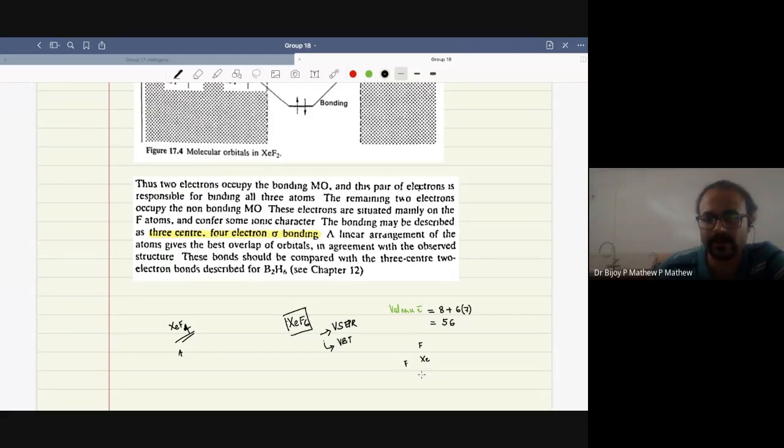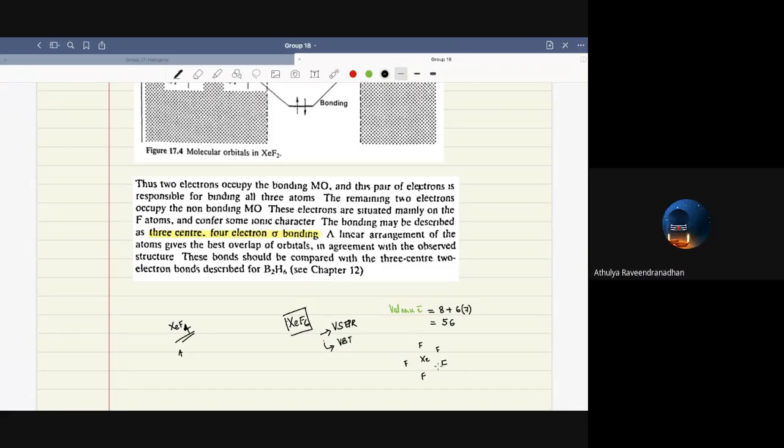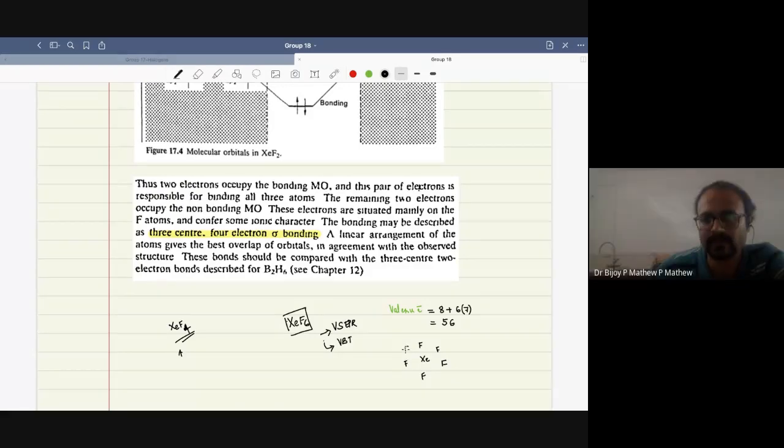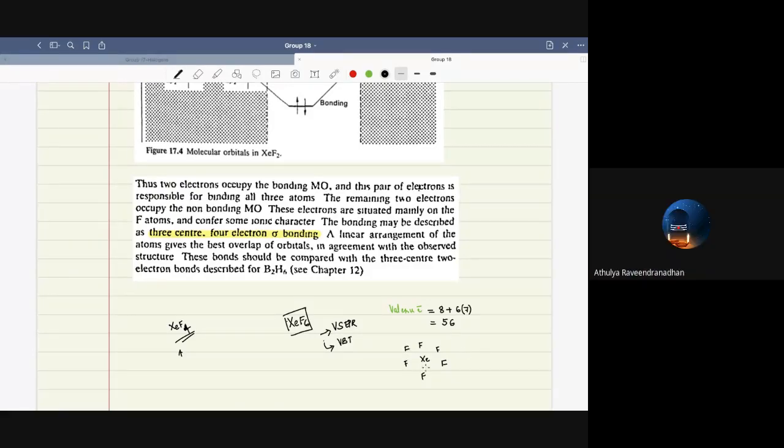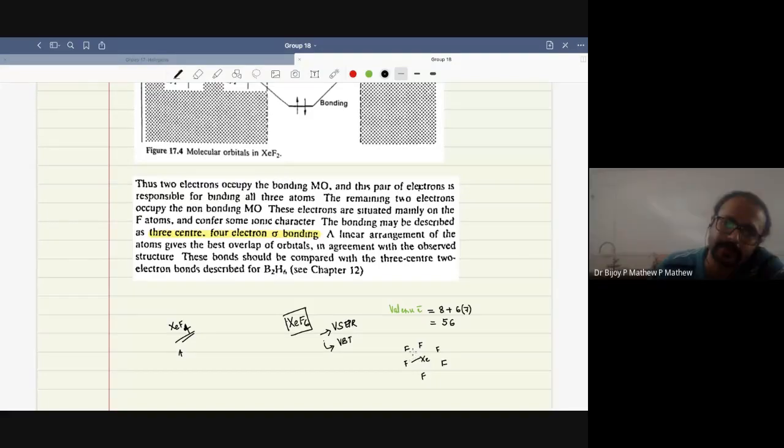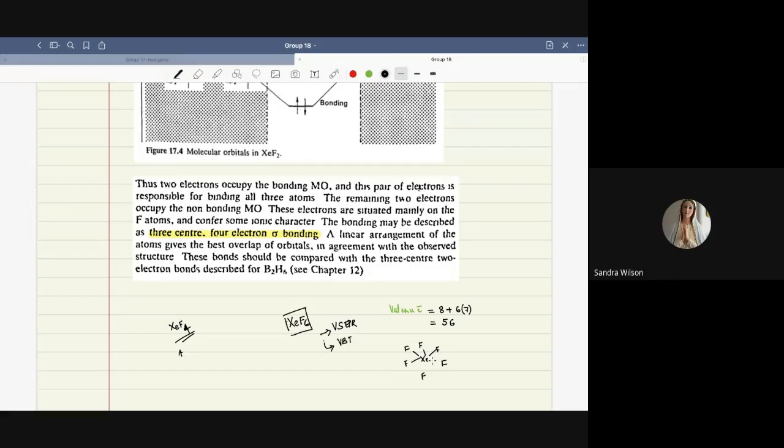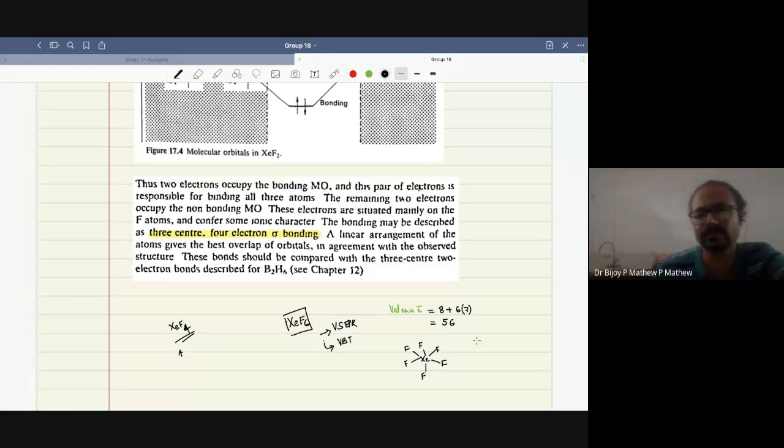So you have 6 fluorine atoms surrounding it. Then what did you do? Then I joined them with single bonds. So you joined every fluorine atom to the single central atom.